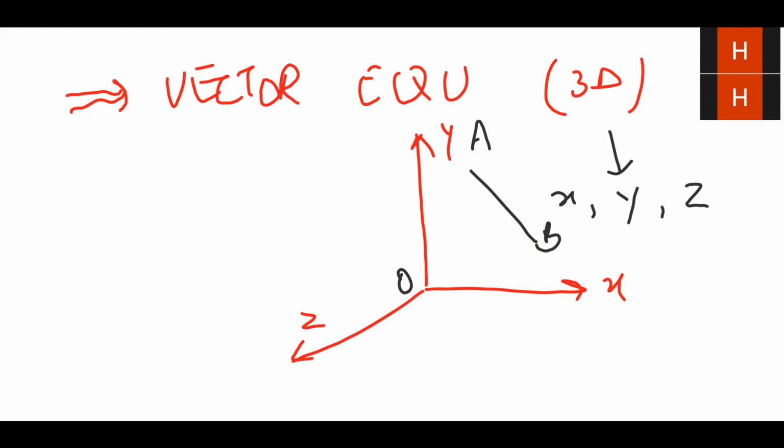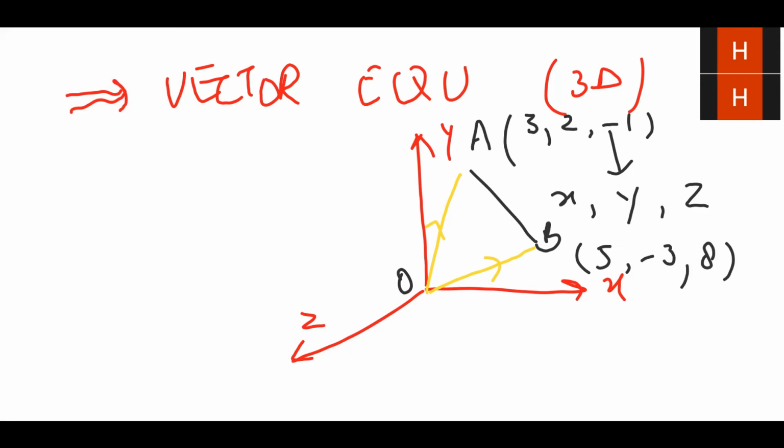So to find out the vector AB, I know that we have to go from OA and OB to find out AB. However, my OA and OB in this one have three coordinates, which means they'll have a z coordinate as well. So for example, my A has coordinates 3, 2, and -1, and my B has coordinates 5, -3, and 8.